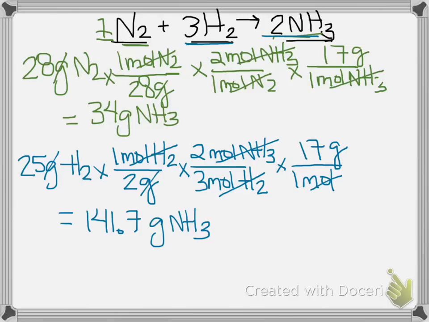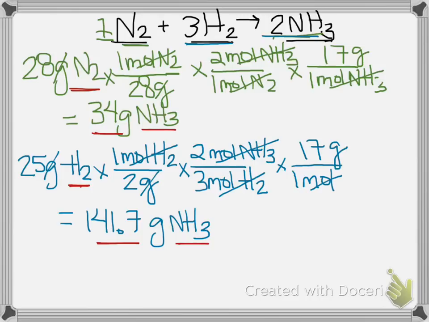We see that with hydrogen, or H2, we can make about 142 grams of ammonia, NH3. And with 28 grams of nitrogen, or N2, we could make 34 grams of NH3.